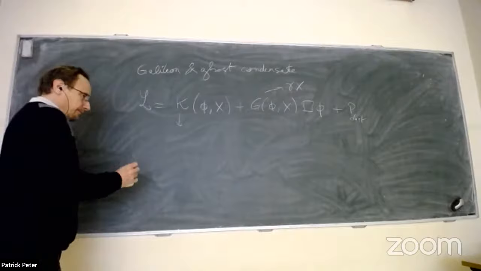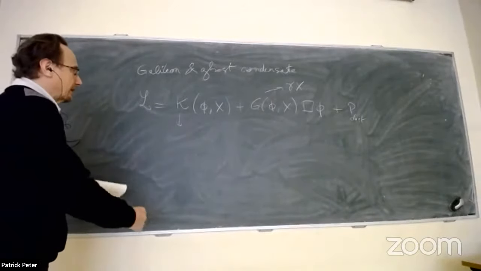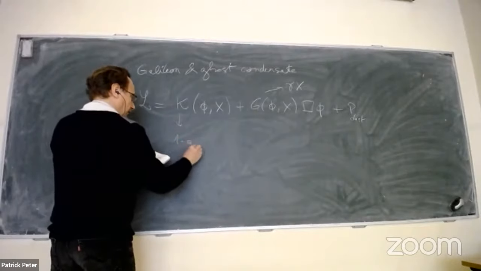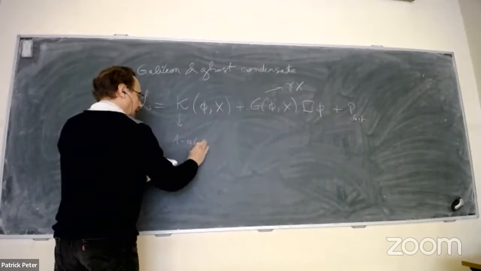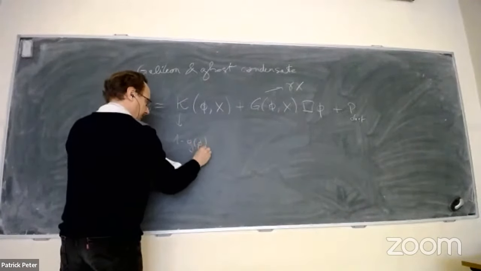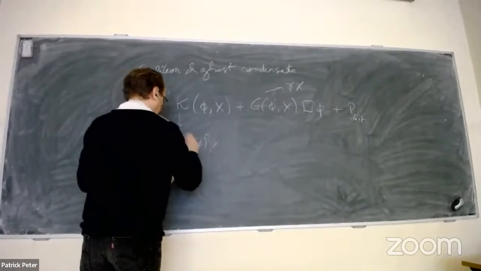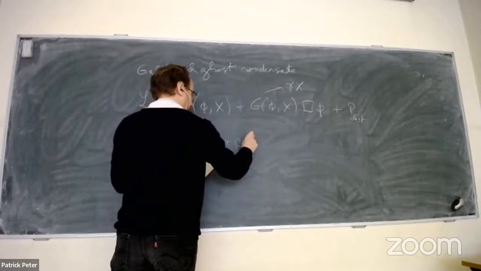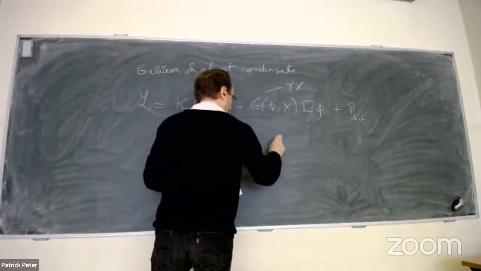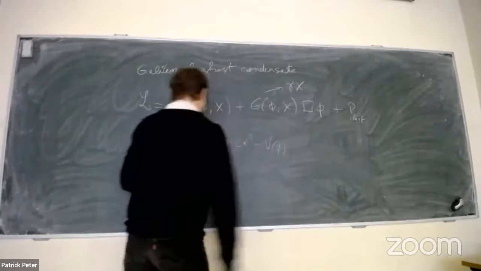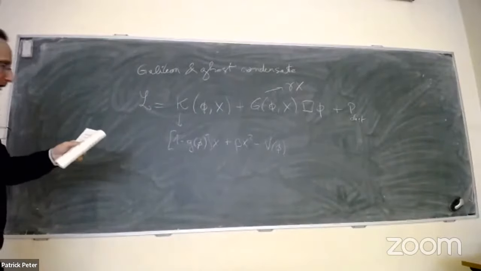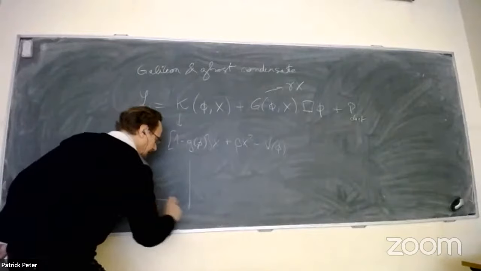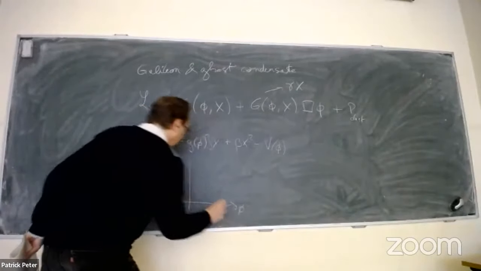And now for this one, there is a nice way to implement the ghost idea, and it's this way: you're writing it as g of phi times X plus beta X squared minus a potential, right? And now you pick a g of phi as a function of phi.